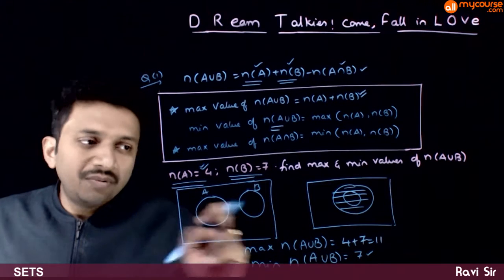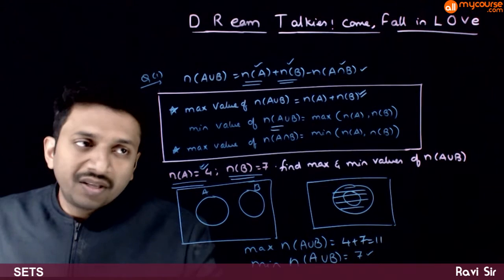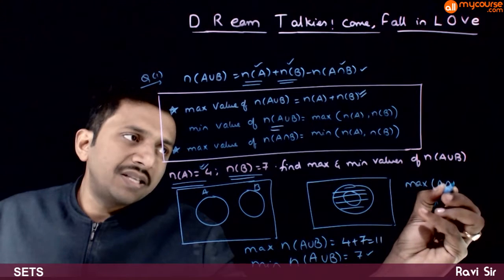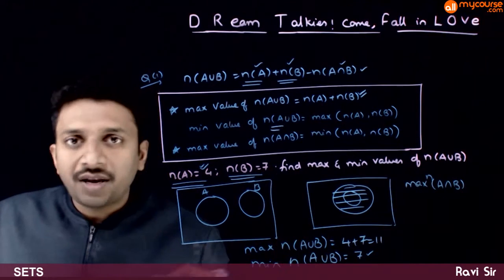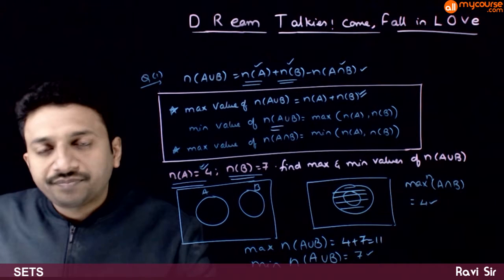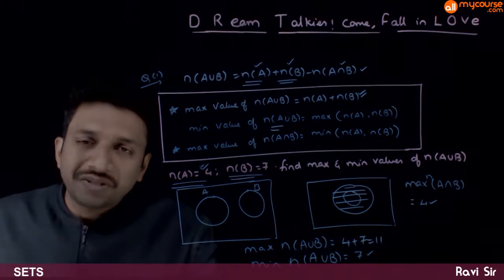Hence 7 is the minimum value of n of A union B, and 11 is the maximum value. If you are also asked to find the maximum of n of A intersection B, that will be equal to 4. I hope you have understood this question. So let's go to the next question.